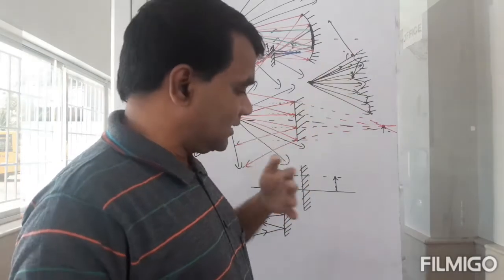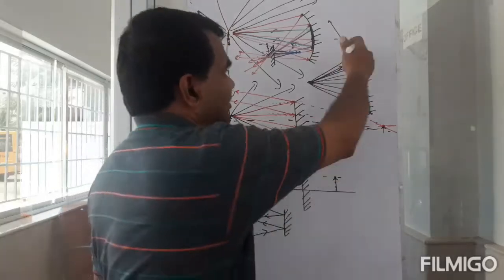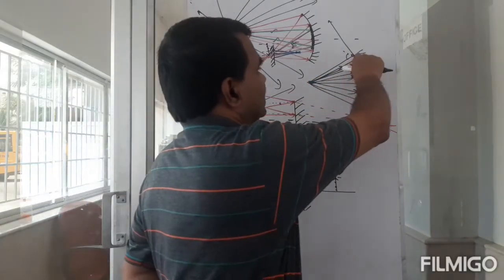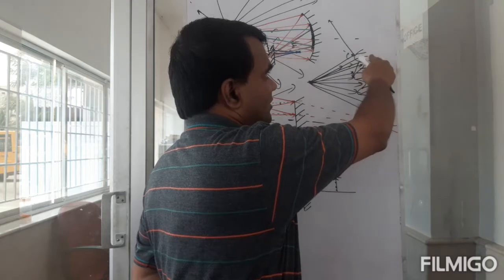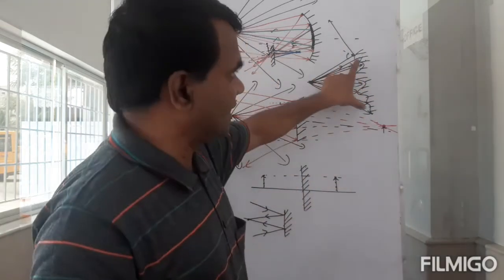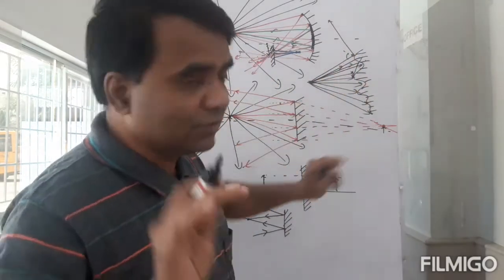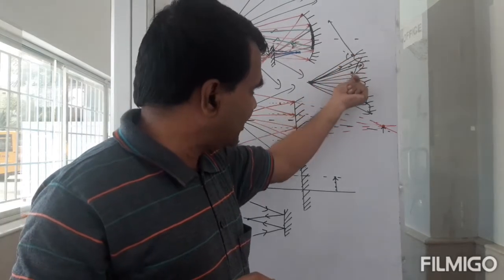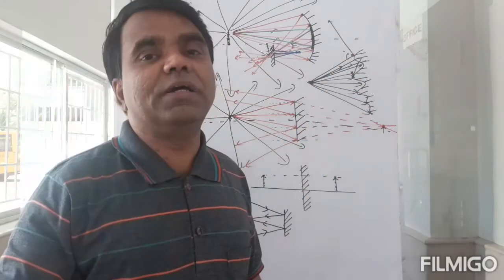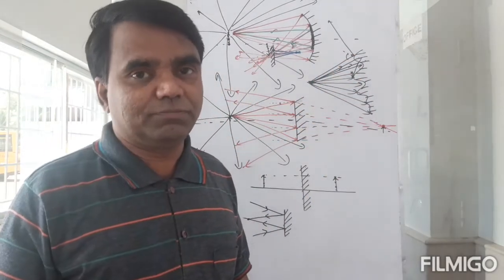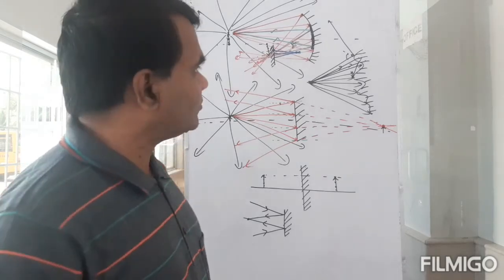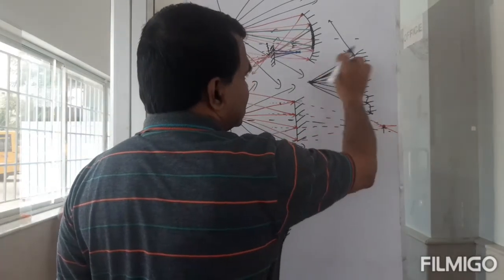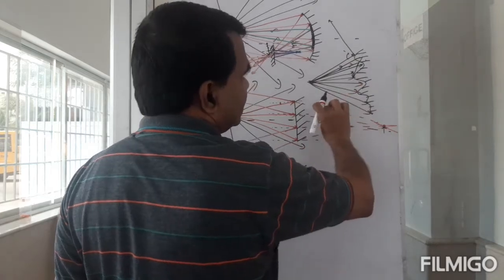You can capture many real images after reflection on a sheet, and many virtual images on the other side. So all these things can happen here. But the basic point is all the rays at each and every point on the mirror will obey the law of reflection. So maybe this will form an image here, and this will form an image somewhere, and this will form an image somewhere.